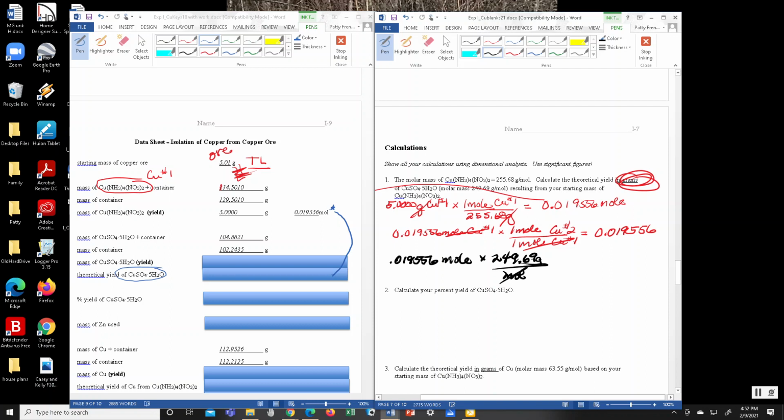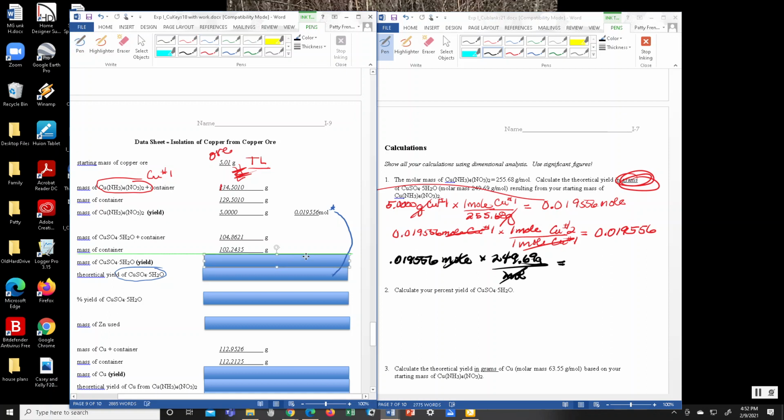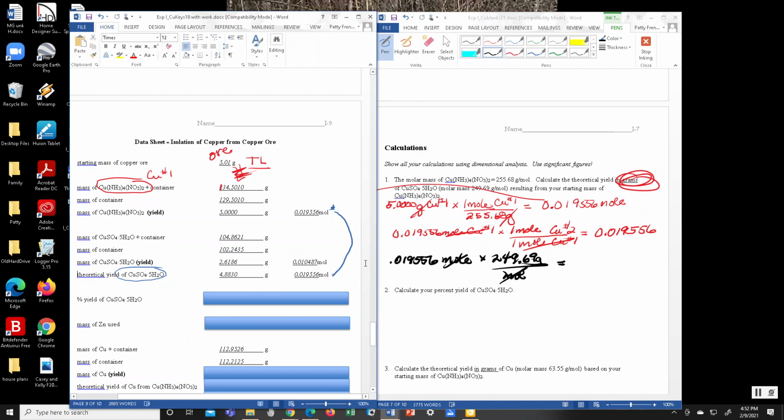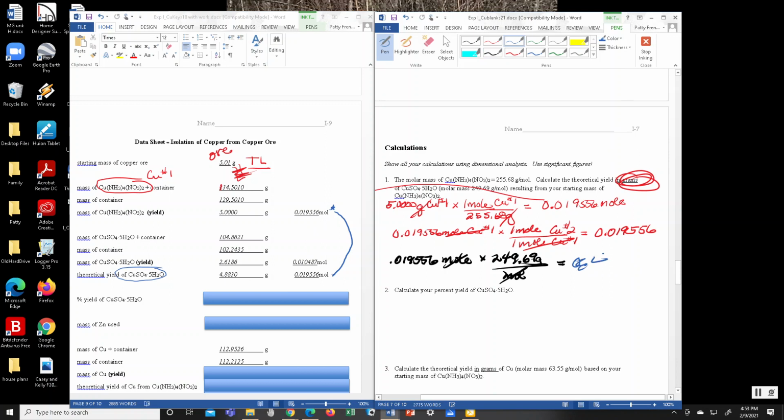Our moles cancel, and we end up with 4.8830, there we go, as our grams of copper number 2, of our copper 2 sulfate pentahydrate. That's the theoretical yield. Okay?